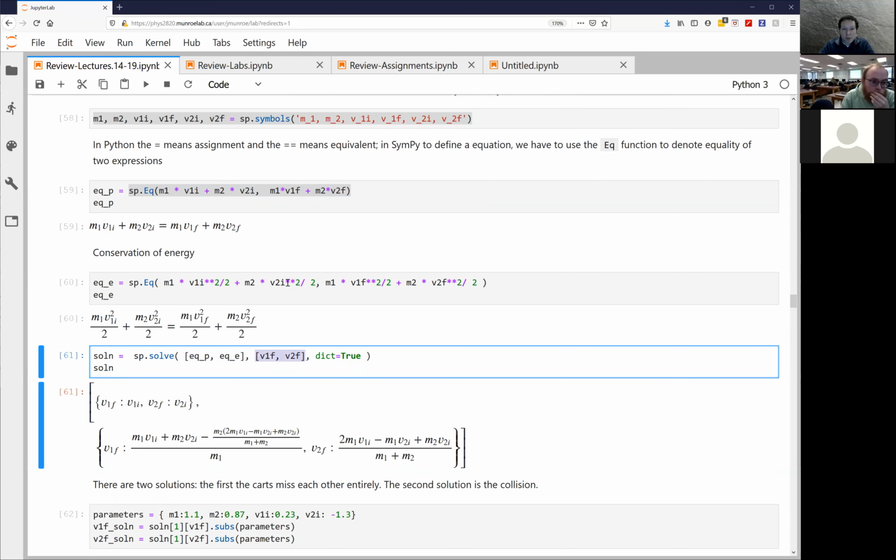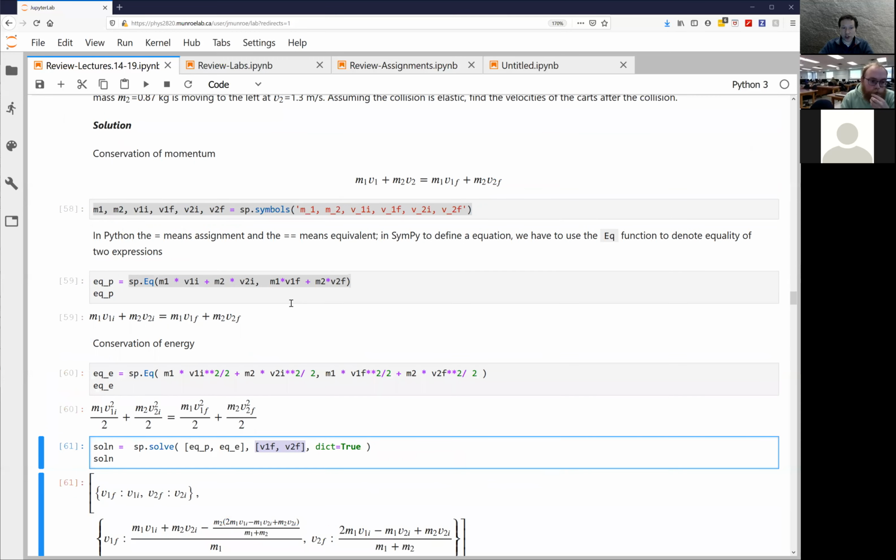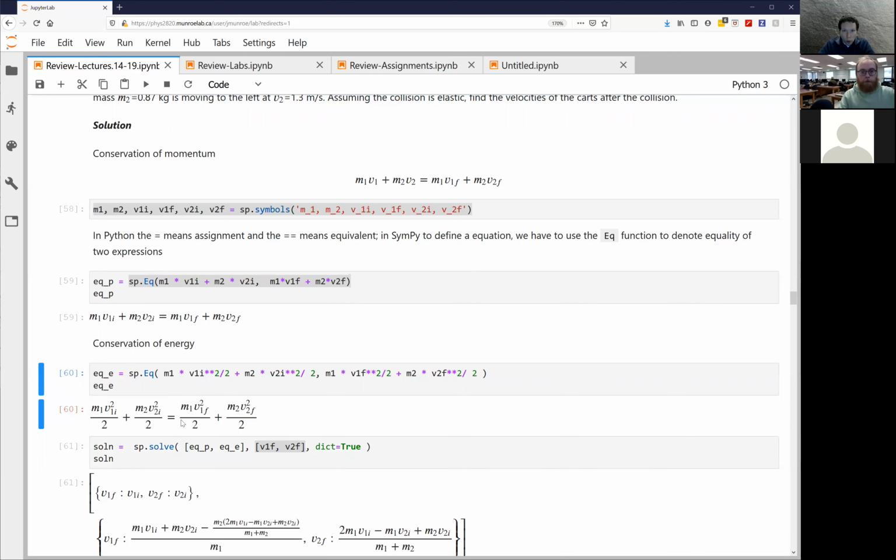That will solve these pair of equations, conservation of energy and conservation of momentum, for the variables v1f and v2f, in terms of all the other variables. You can solve this system of equations for any two variables you like. You could solve it in terms of mass 1 and mass 2 if you wanted. You can solve it for any combination. Only two variables because there are two equations.